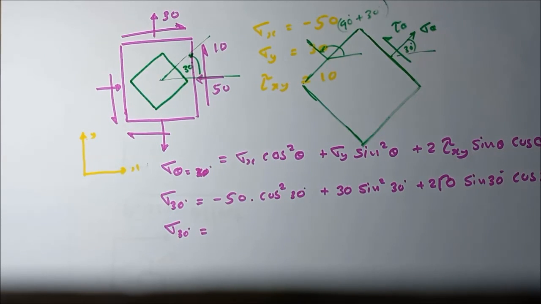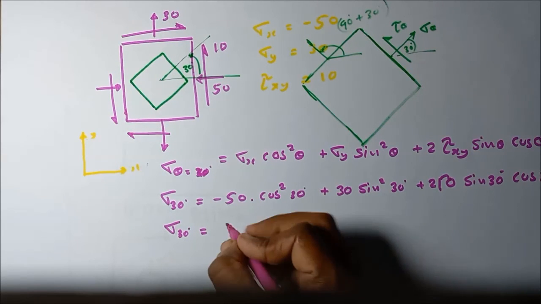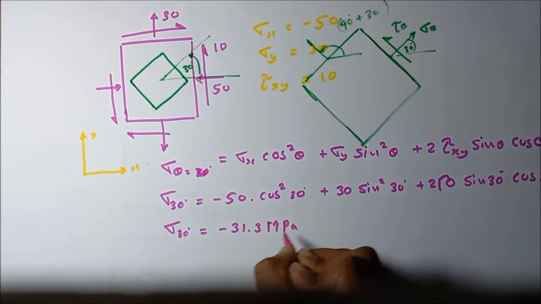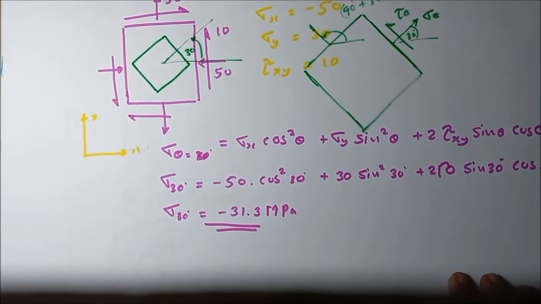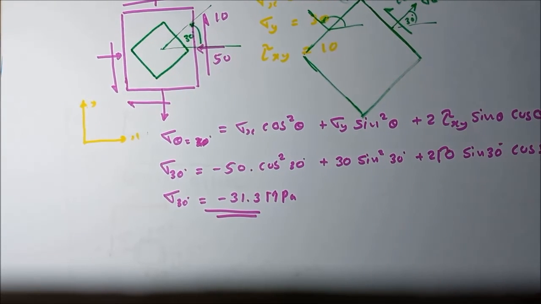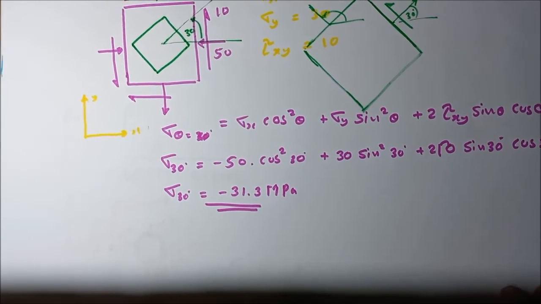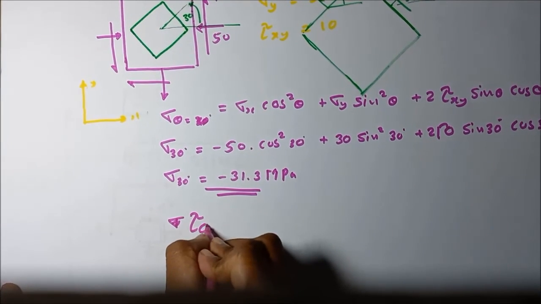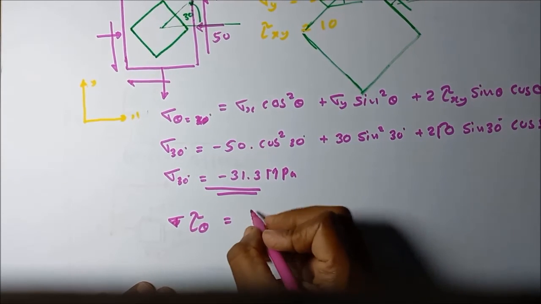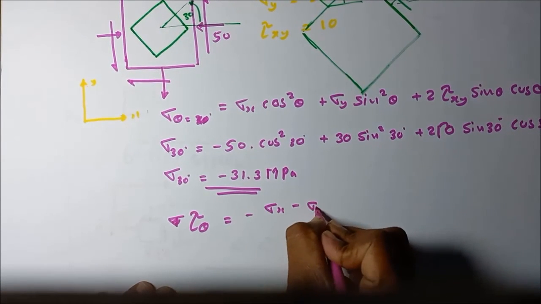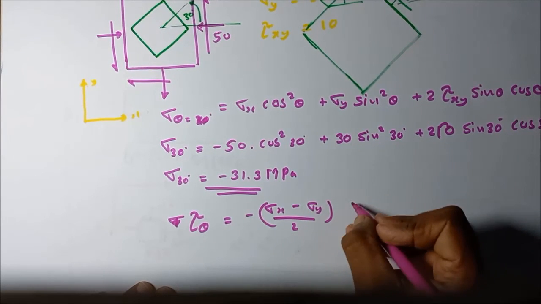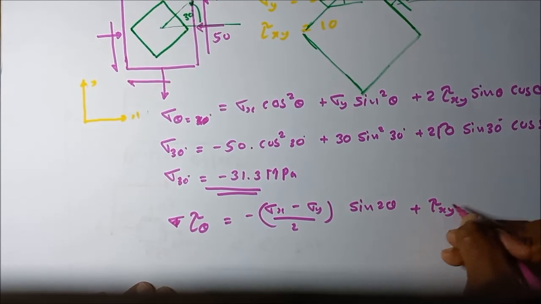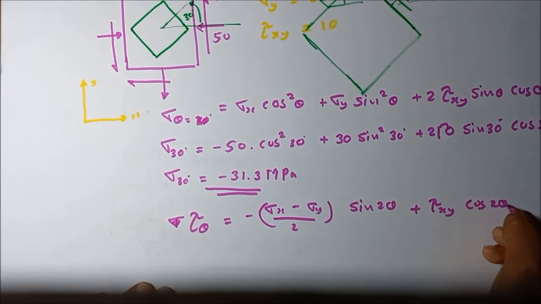We will get the answer. I already calculated that one. That is equal to 31.3 megapascal, the normal stress acting on this plane. Then the shearing stress tau theta, what is the equation? Tau theta equals minus (sigma x minus sigma y) divided by 2 times sine 2 theta plus tau xy cos 2 theta.